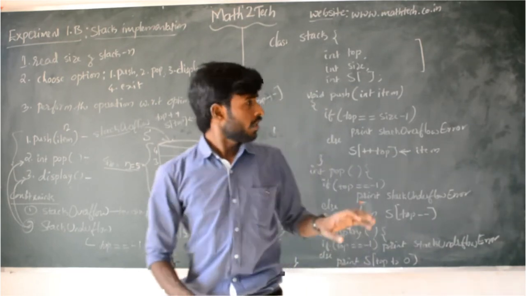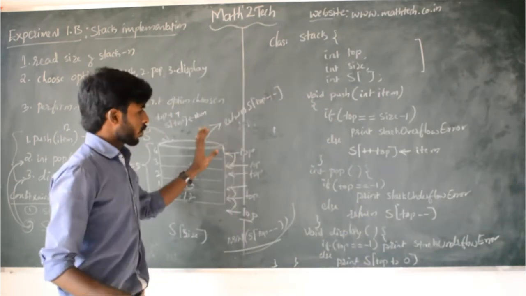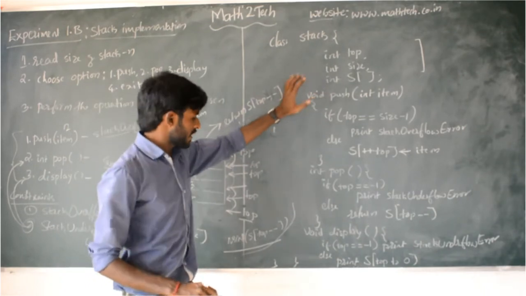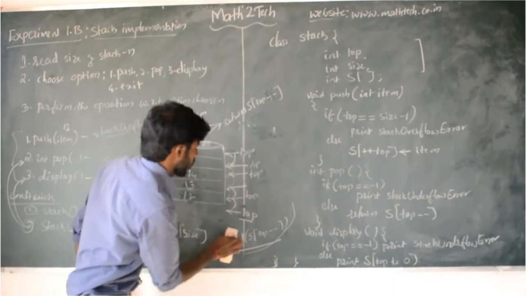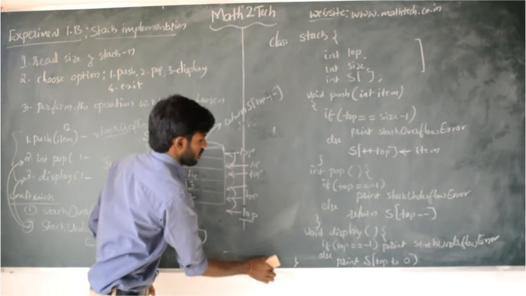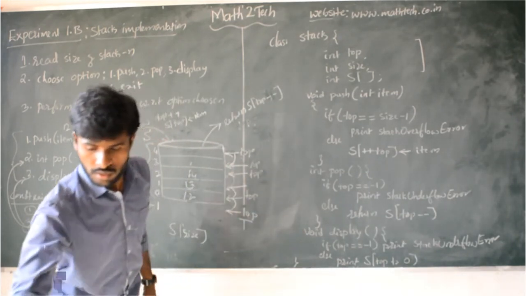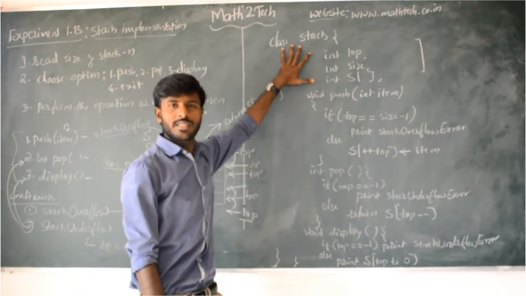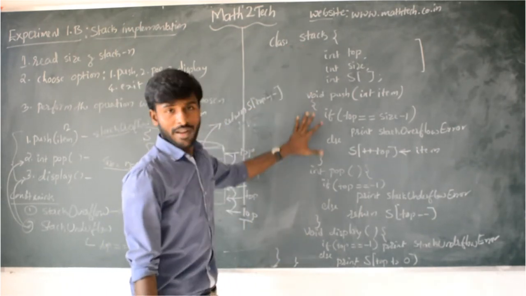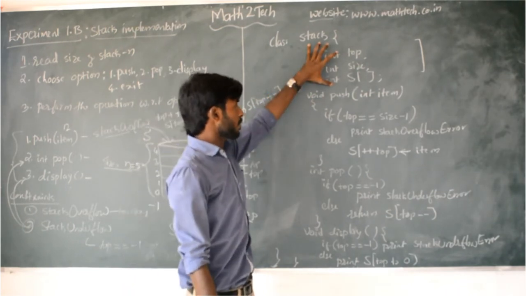Now coming to how to construct this with a program. See here, I have taken a snippet, just one class, the stack class. What are the members of the stack class?